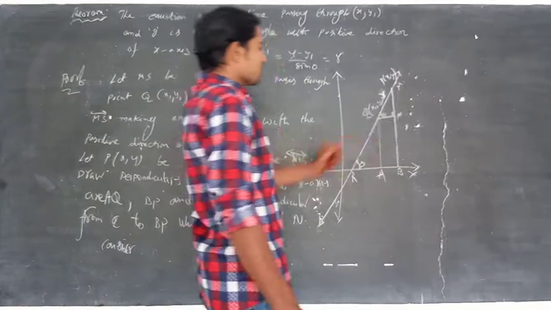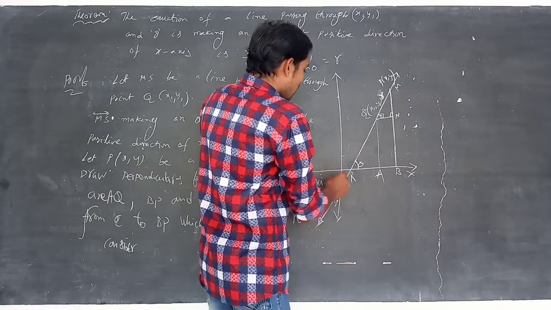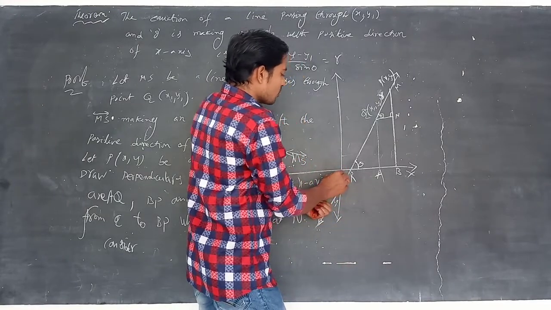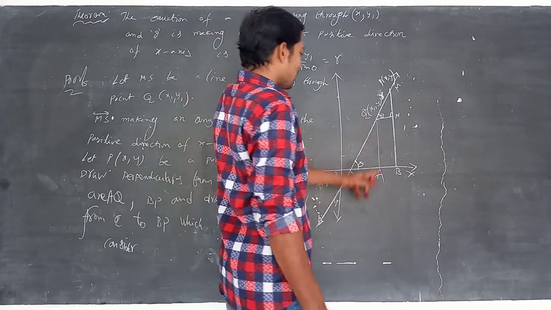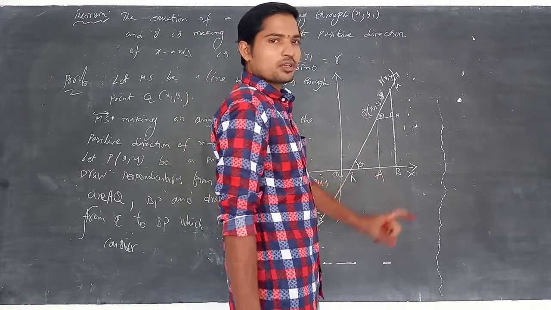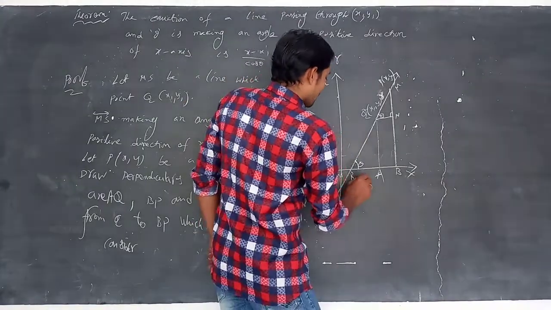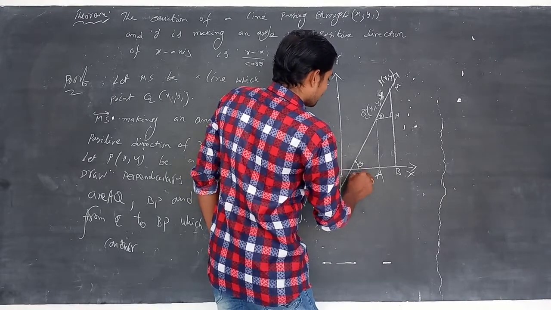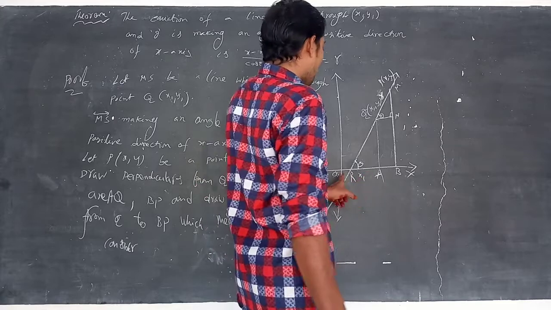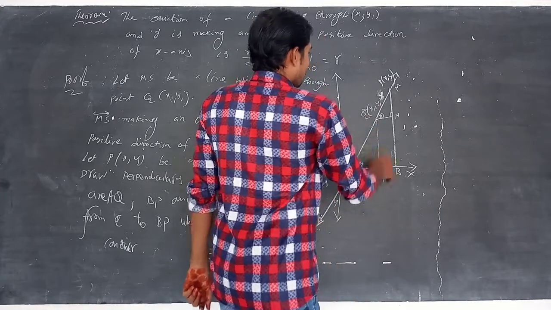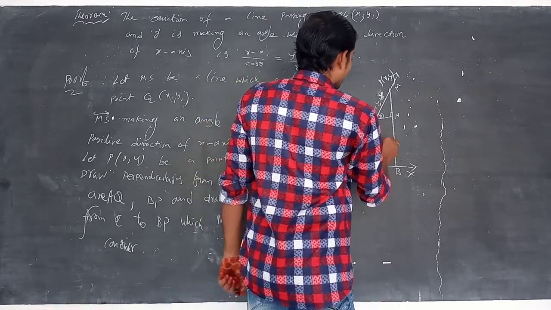Consider, before going to that, this is the origin (0, 0), which gives OA equal to x1, and QA is equal to y1.